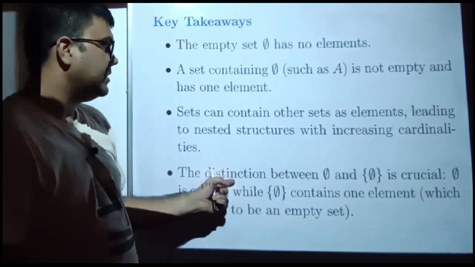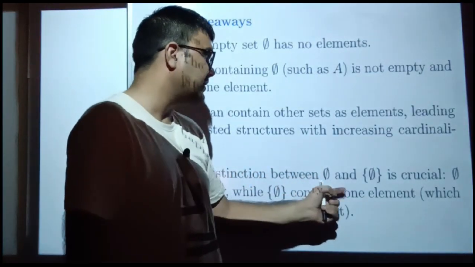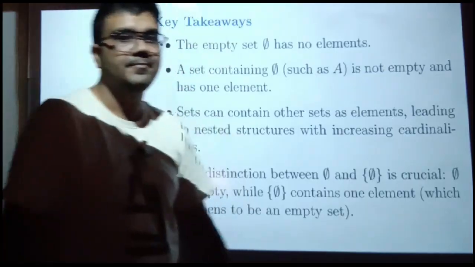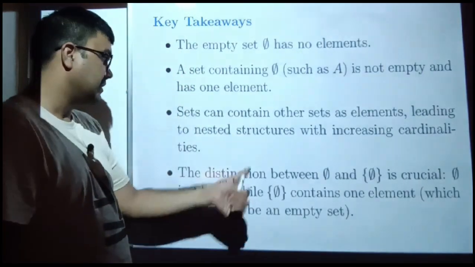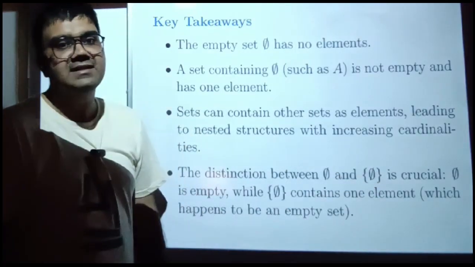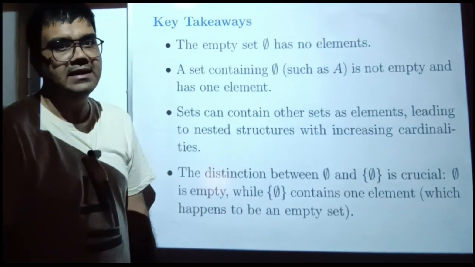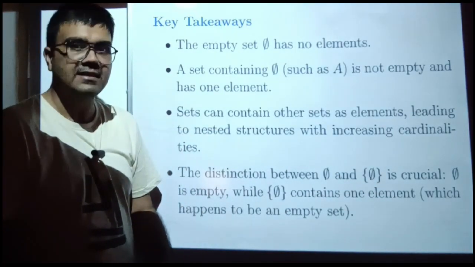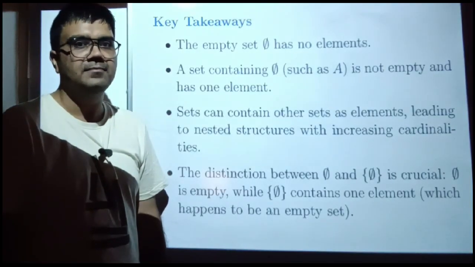And the distinction between the empty set and the set containing the empty set is that the empty set has no element, whereas the set containing the empty set has an element in it, a set that is itself empty.